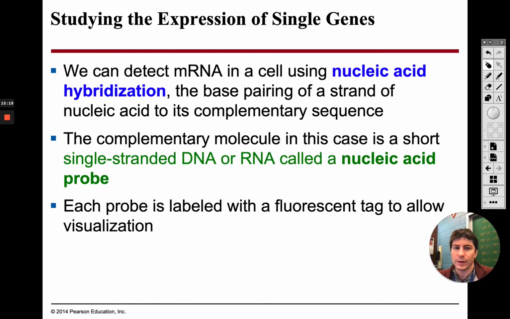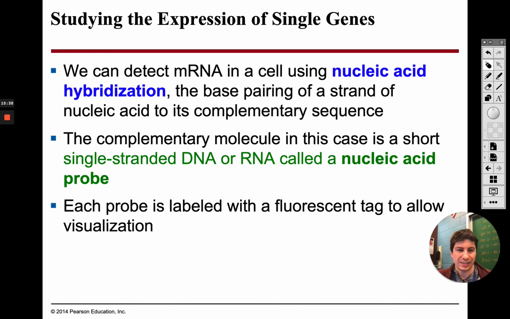So there are a few different ways we can do this. We have gone over the whole process of going from mRNA to an amino acid. But how do we actually figure out which genes are being expressed on a DNA level?